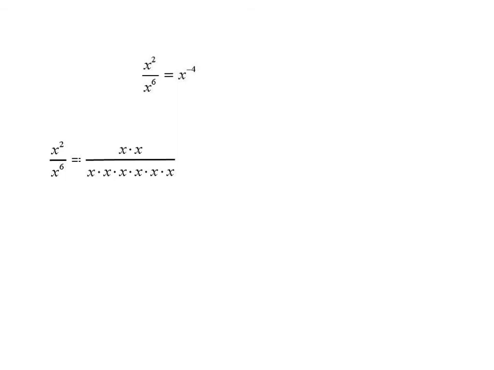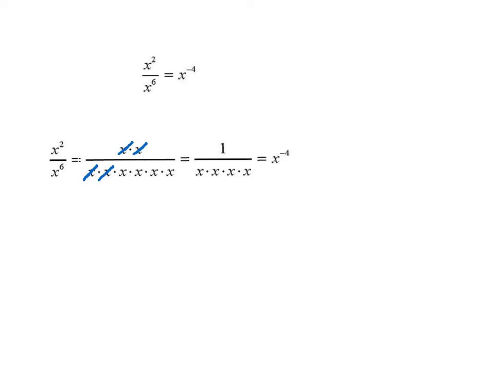And as we've done before, we can cancel some of the x's. So we're left with x to the 4th, but our x to the 4th is in the denominator. So apparently x to the negative 4 means 1 over x to the 4th power, because these two things have to equal the same amount.